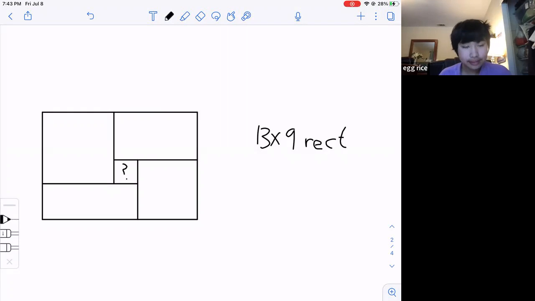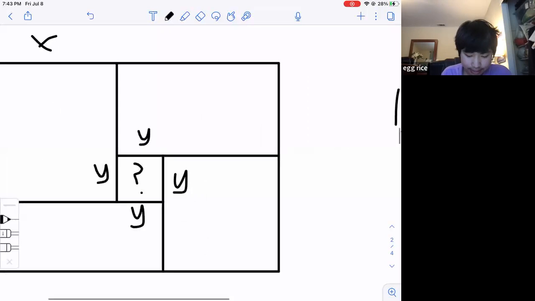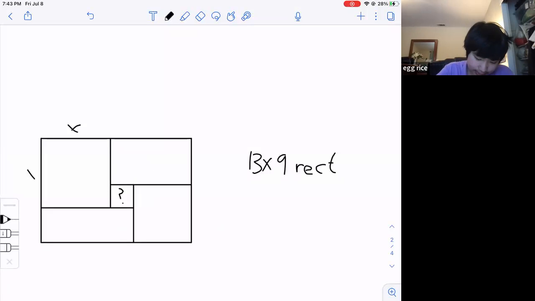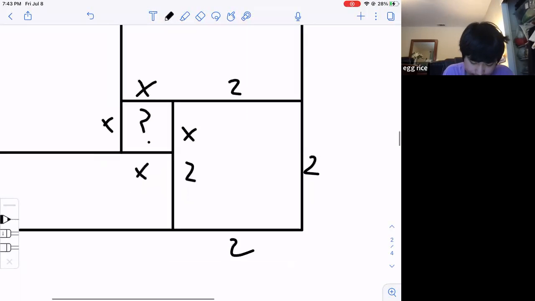So similar to what we did before, let's label each of these squares with variables. So x, y, and z. Actually, let's do something similar like this. Z, z, z, z.